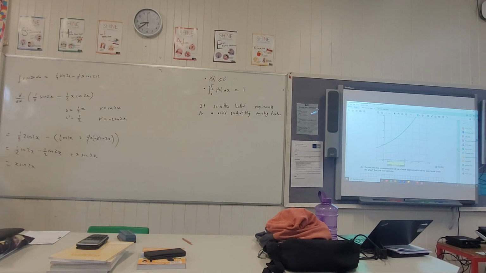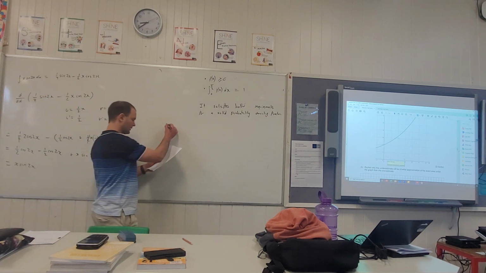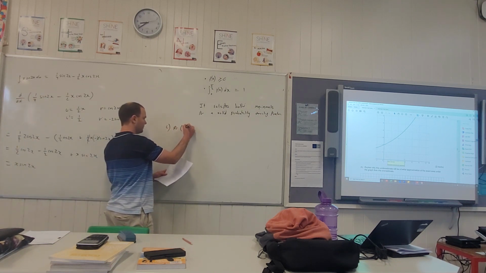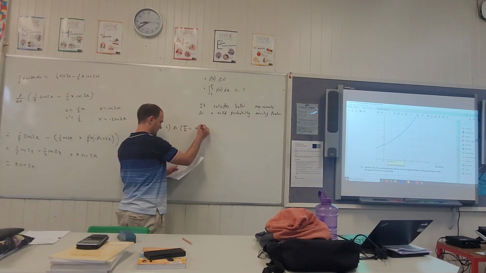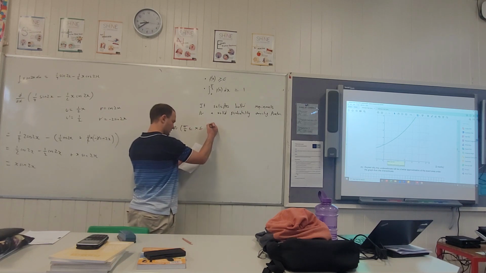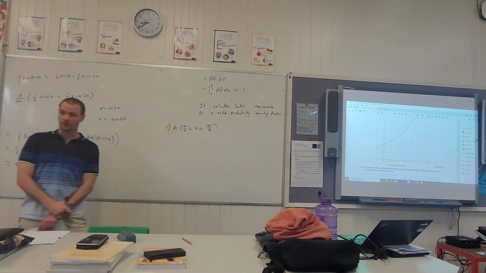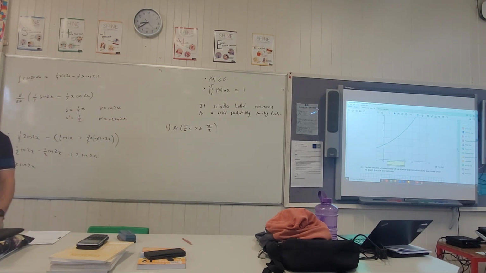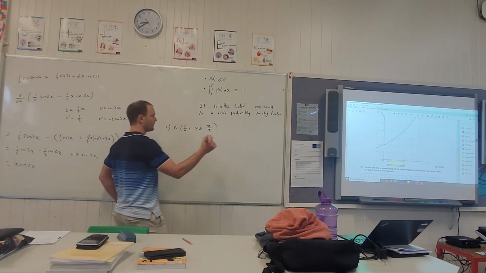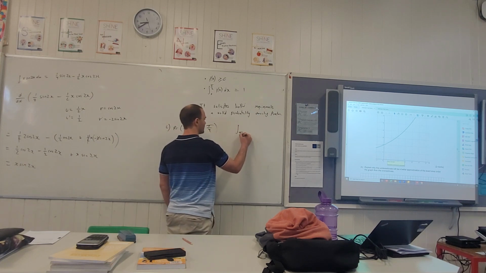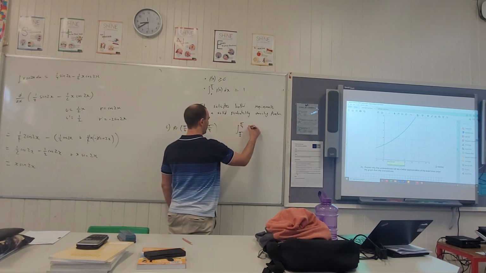Okay, now consider the continuous random variable x with the probability function we were talking about above. Part C, find the probability of pi on 6 being less than x being less than or equal to pi on 4. For a probability density function, that means the area under the curve from pi on 6 to pi on 4 of the function.